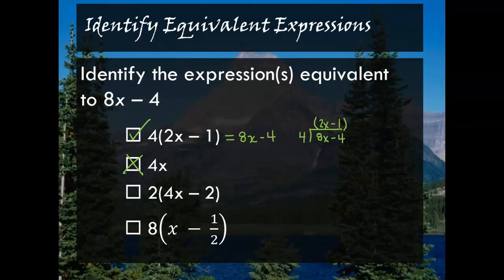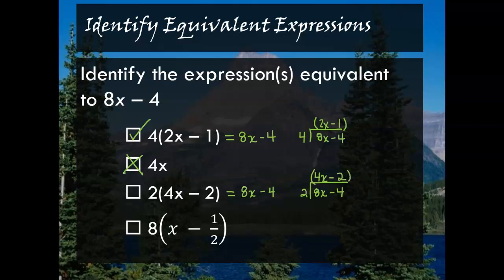Our next expression will be equivalent because 2 times 4x is 8x and 2 times 2 is 4. We also could factor out the 2 from our expression to prove this equivalency. 8x divided by 2 is 4x, and 4 divided by 2 is 2.